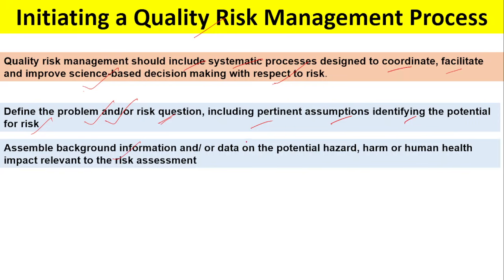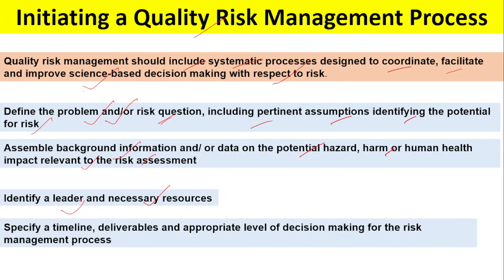Assemble background information and data on the potential hazard, harm, or human health impact relevant to the risk management. Identify a leader and necessary resources. Specify a timeline, deliverables, and appropriate level of decision making for the risk management process.